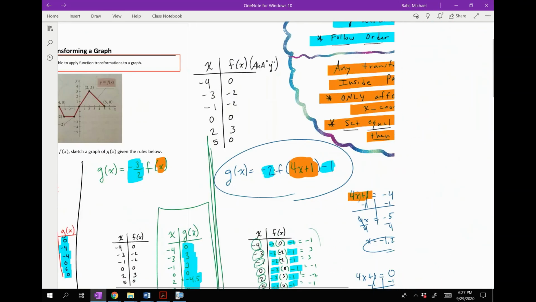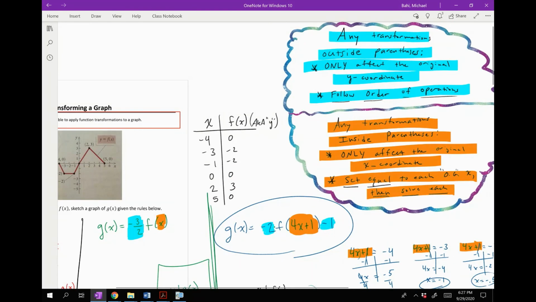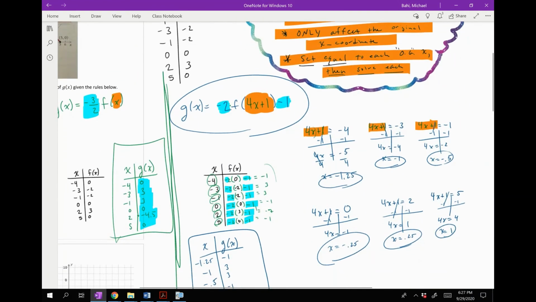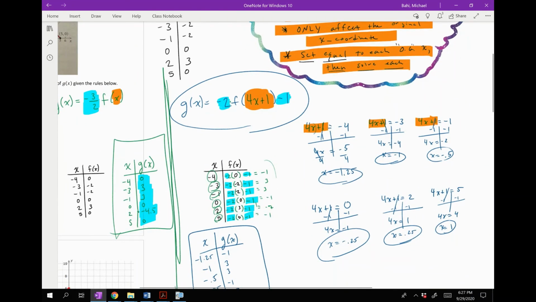Anything affecting the y, which I highlighted in blue, you follow order of operations. But for the ones in orange, you set each original x coordinate equal to this part in orange, and you solve each to find your new x coordinates.